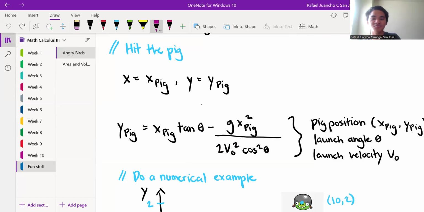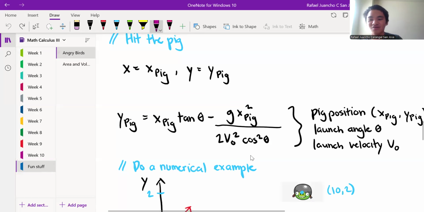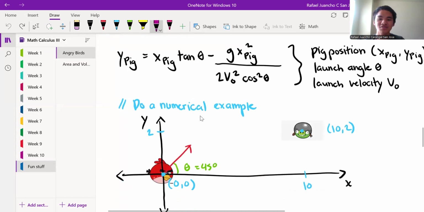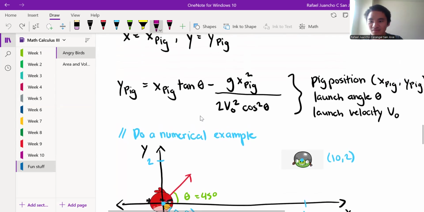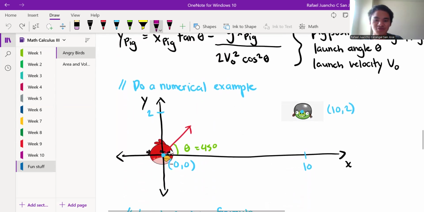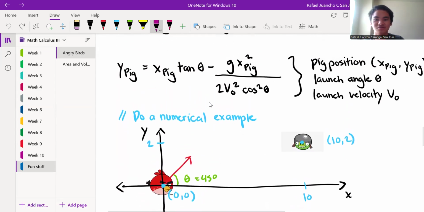And we could switch the problem up. We could say we're given the coordinates of the pig, and here we're assuming the bird's at the origin. What's the velocity and the angle that we need in order to hit that pig? Or we're given the velocity and the angle, what point will it hit?